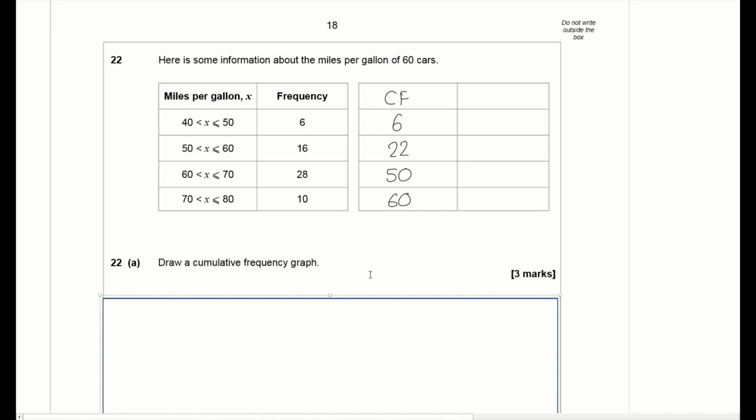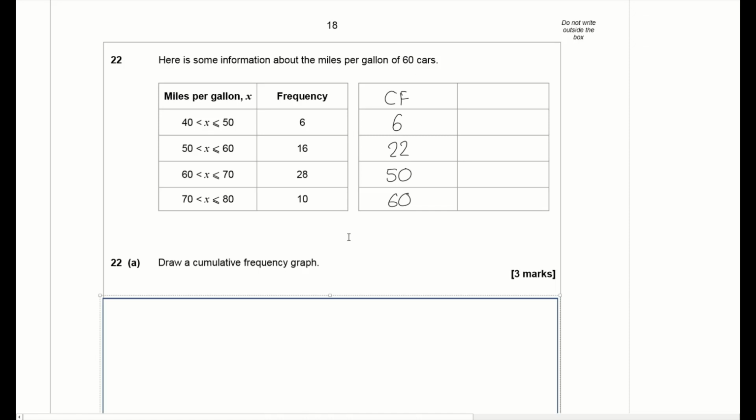Now all cumulative frequency means is running total, so in the column provided here, you just write down the running total or cumulative frequency totals. 6 is the first one, 6 add 16 is 22, add another 28 is 50, add another 10 is 60. When you're drawing or writing out this column, make sure your final total is equal to the overall total, so you know you've probably got it correct.